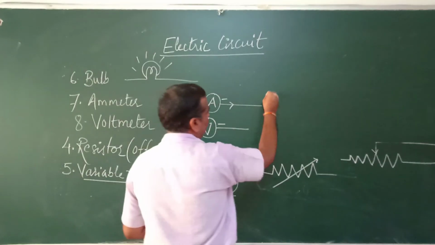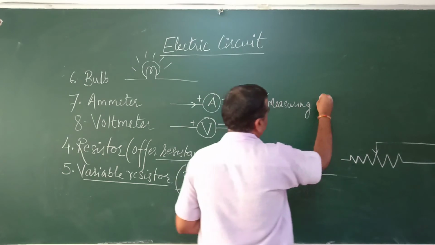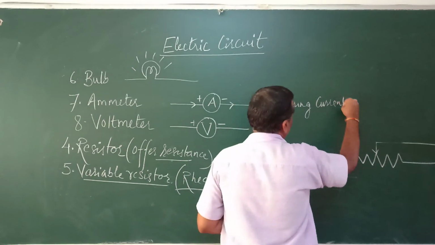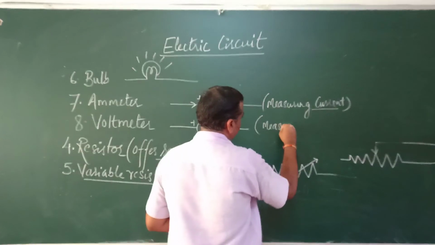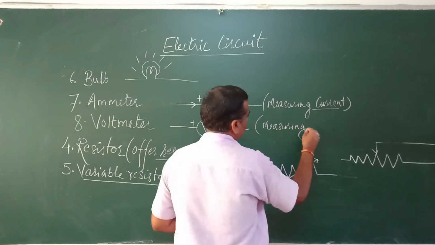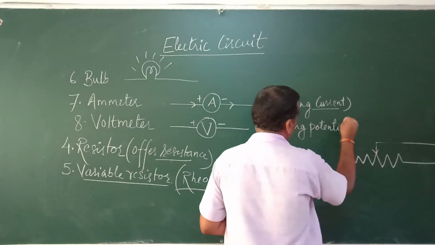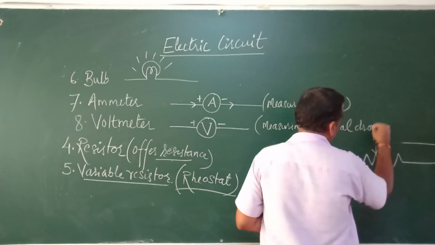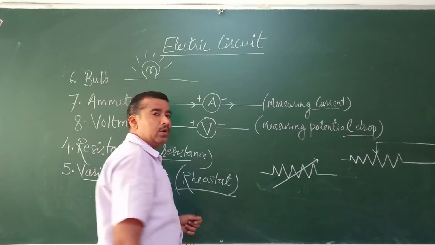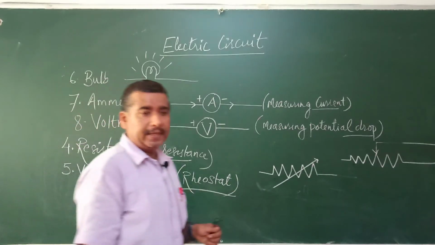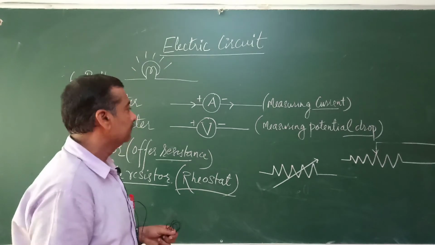So ammeter is used for measuring current, and voltmeter is used for measuring potential drop across 2 points, and ammeter is always connected in series, whereas voltmeter is always connected in parallel across 2 points between which we have to measure the potential drop.